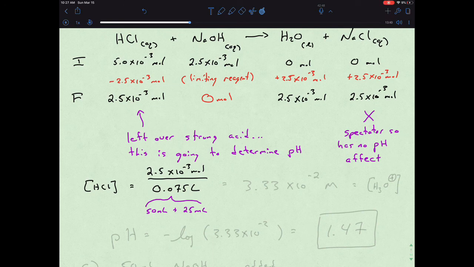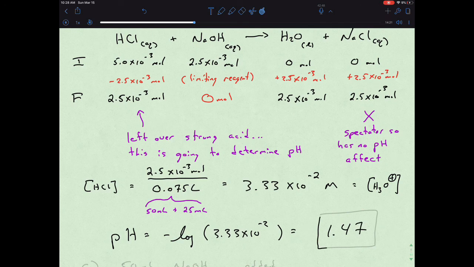And when we solve for that concentration, we get a value of 3.33 times 10 to the negative second molar in terms of our HCl. But remember, that's also our hydronium ion, because hydrochloric acid is a strong acid. So now we can define our pH of the solution by taking the negative logarithm of that concentration, and we get a pH of 1.47.